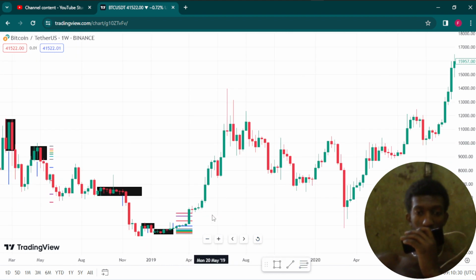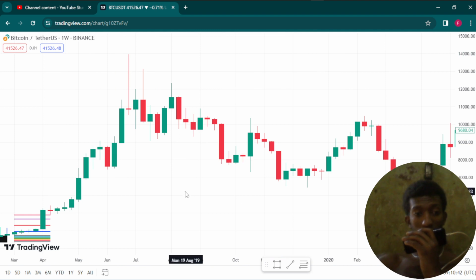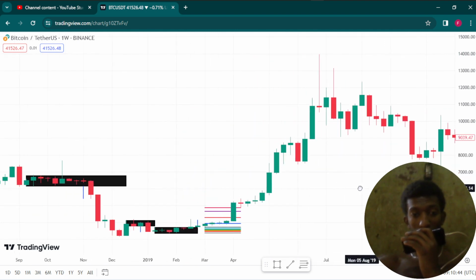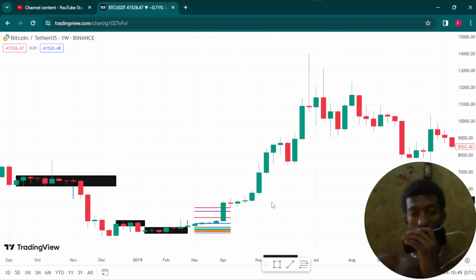TP3 is right where that consolidation occurs, right? So that is where you get out. That's beautiful. That's amazing. And so that is a trade right there. Beautiful trade.